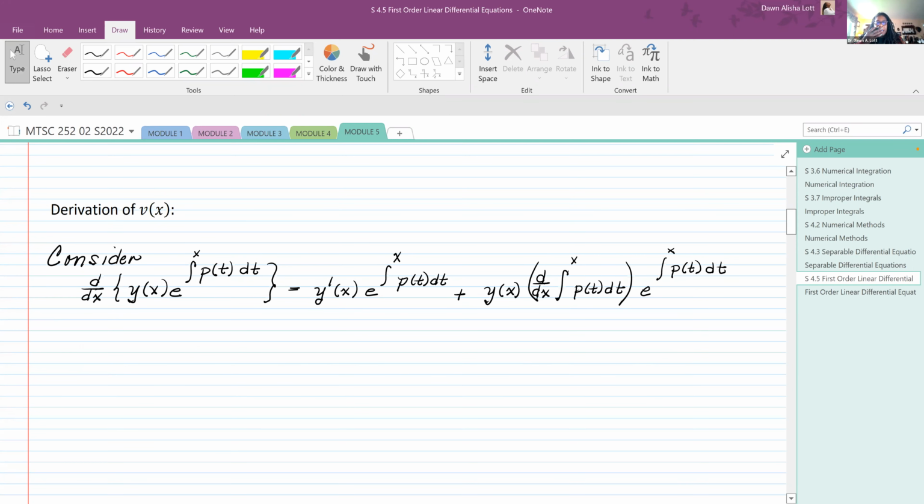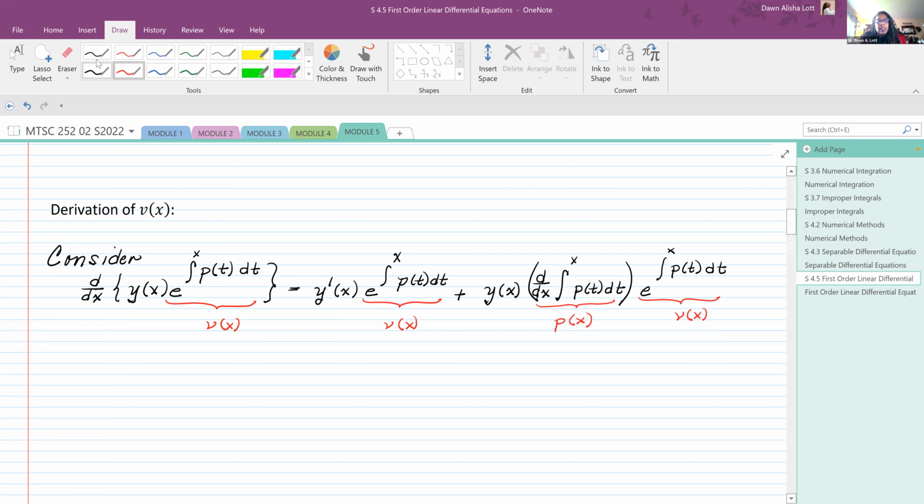All right, so I am going to let this thing be my v of x. So this is v of x, and this is v of x. But notice the derivative with respect to x of the integral to x of p of t dt just becomes p of x.